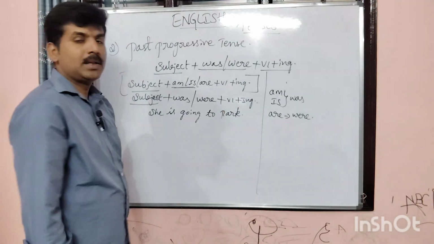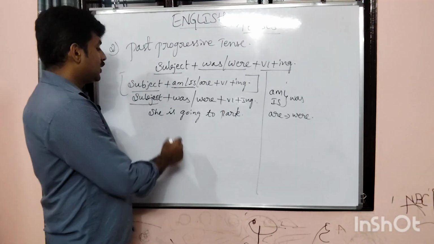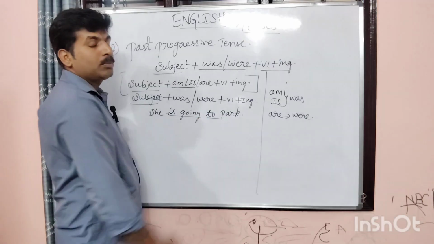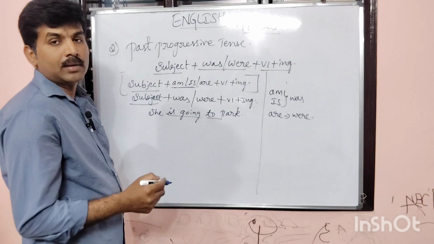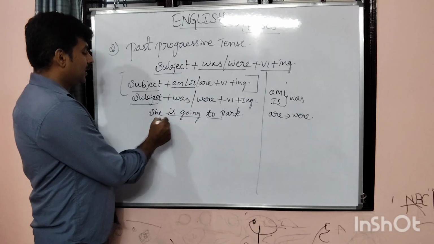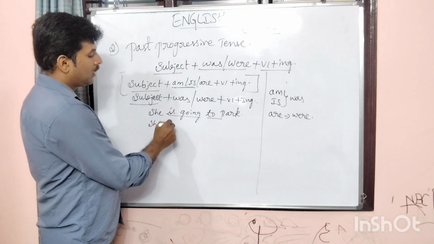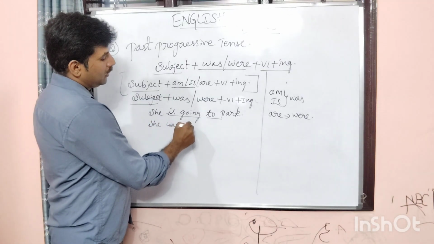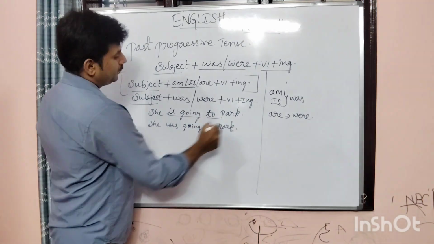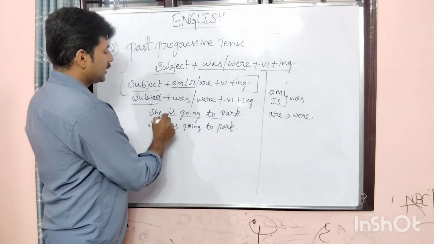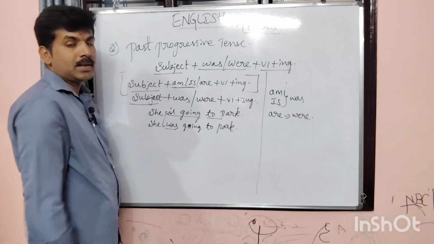Okay, the simple statement. She is going to park is progressive. Okay, is going now. Okay, then it changes into she was going to park. Okay, this is changed into was.